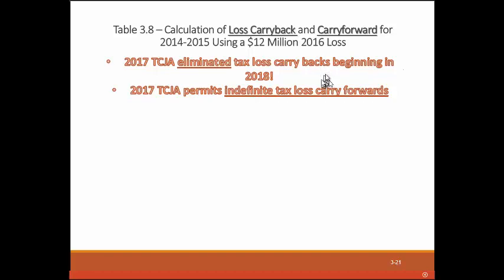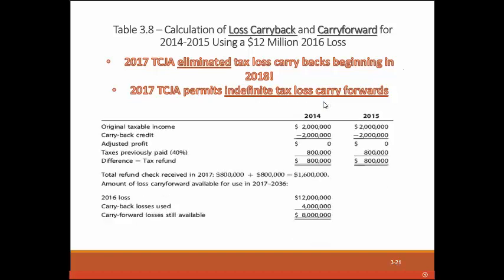They can only apply the net operating loss against future years' income. But the good news is there is no stale date on the carryforward. The carryforward can happen indefinitely until the net operating loss is entirely consumed by future years' income.